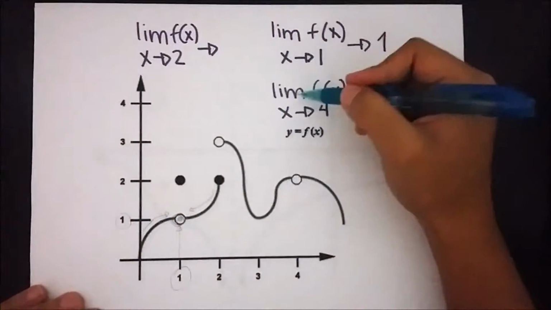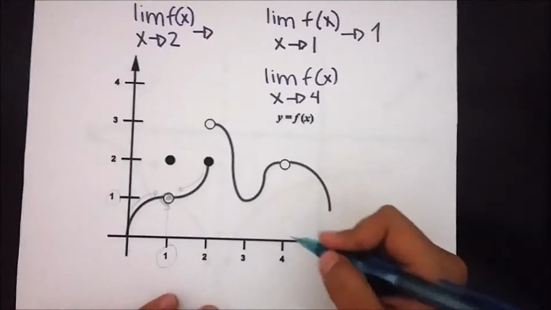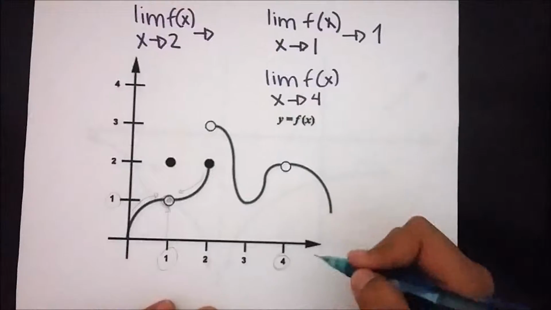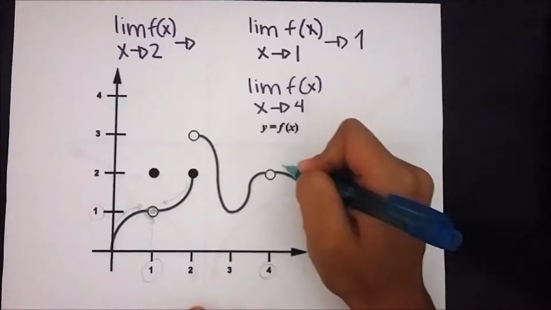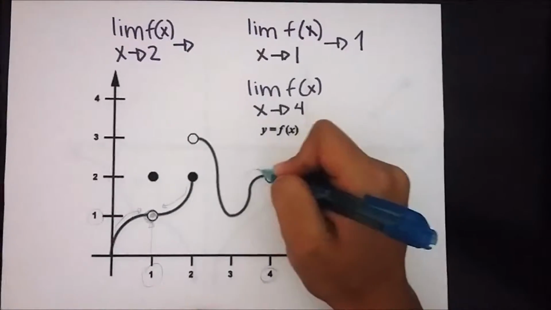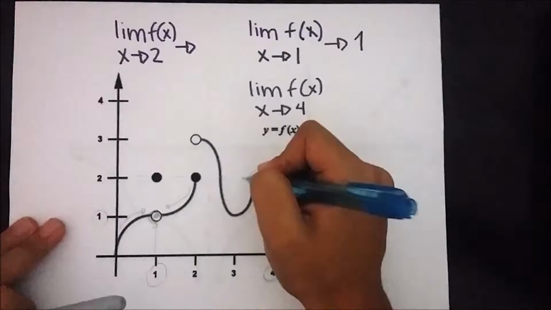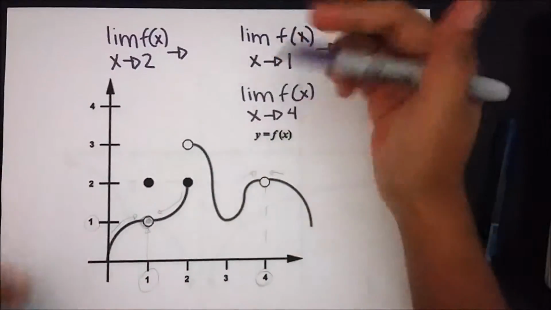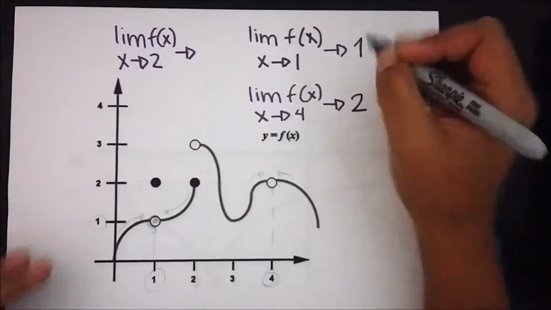Now, the limit of f of x when x approaches 4. We have another example, and the value that approaches from the positive and from the negative side is positive 2. So our limit, that is the value that approaches, is positive 2.